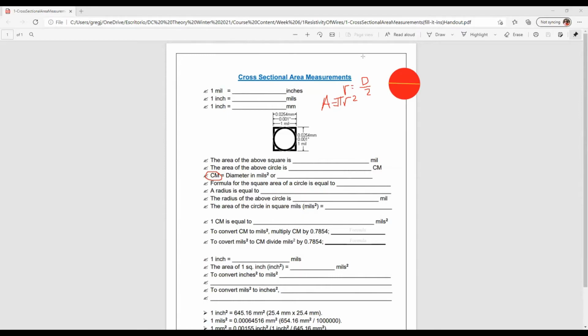That's going to be the diameter of my conductor, 1 mil. If the diameter of my conductor is 1 mil, I can determine how many square mils I have in my actual conductor. All I need to do is take my 1 mil divided by 2. So 1 mil divided by 2 is equal to 0.5 mils. And that's going to be the radius, 0.5 mils.